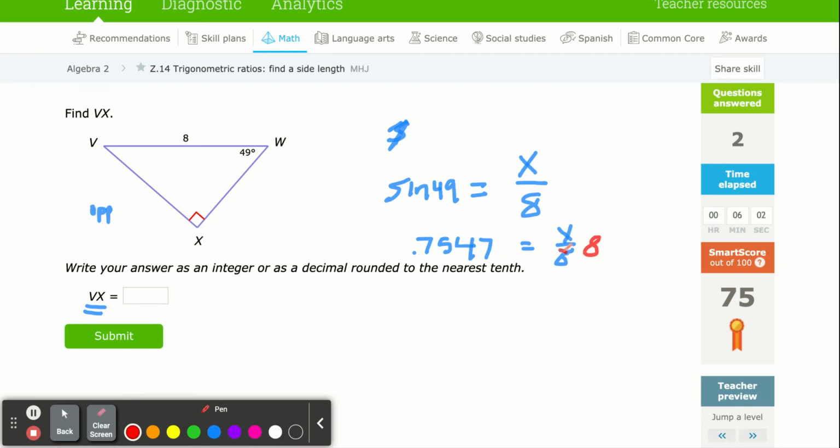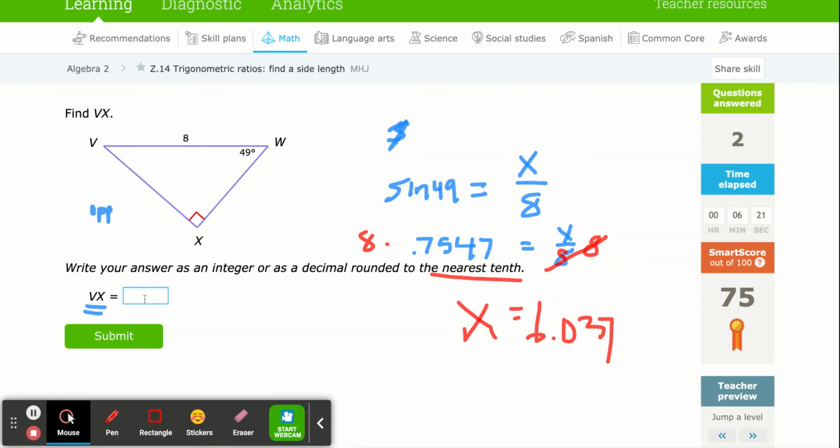The 8s cancel, multiply 0.7547 by 8, and I find my x value is 6.037. Since it says to round to the nearest tenth, that's just 6. So I type in 6.